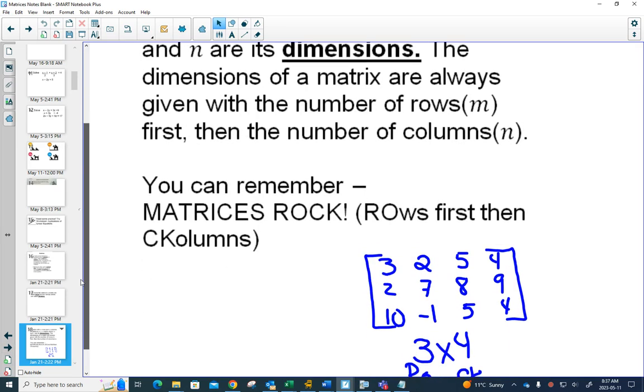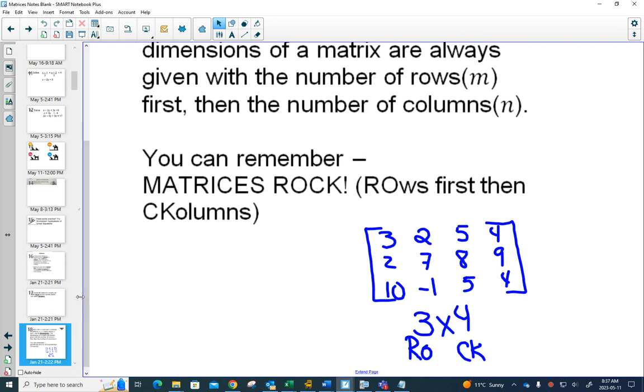So here is a 3 by 4 matrix. This is what it would look like, just putting numbers in a rectangular box. We have 3 rows going horizontally, columns going up and down.